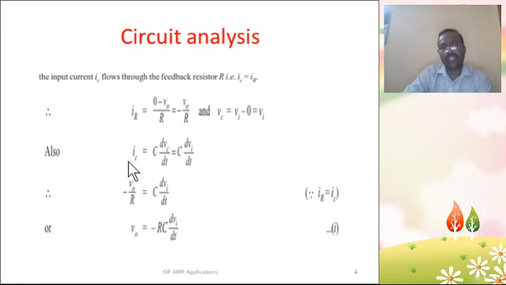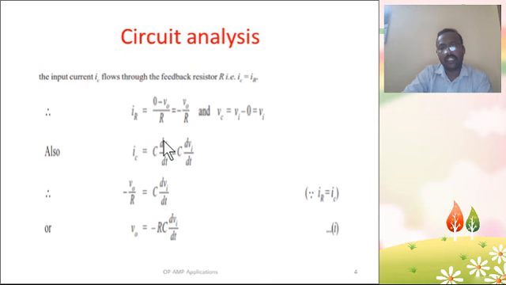So IC equals minus V0 by R, which is equal to C dVi by dt.